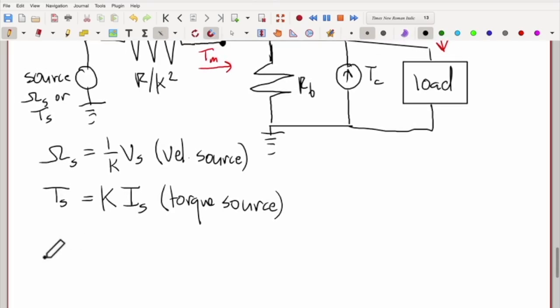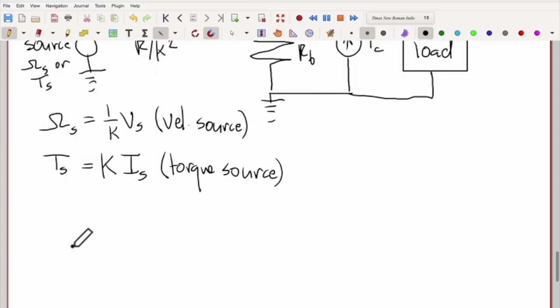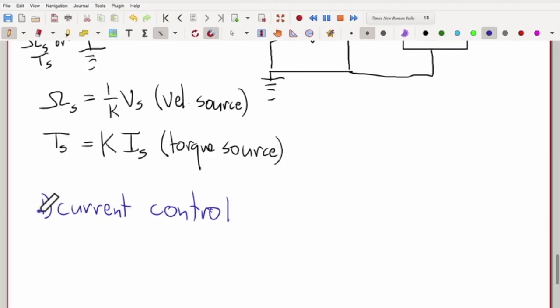So let's consider current control. And then later we will consider also voltage control, which is the second case. So current control, and in current control, the source is a torque source, and that's equal to k times the current you are supplying the motor with.